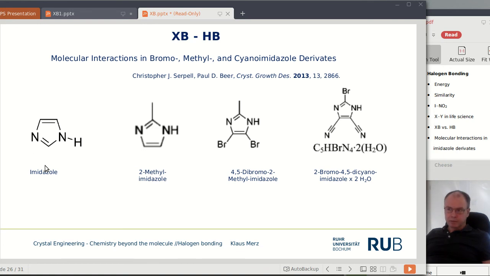This is imidazole. This is a methyl substituted imidazole. This is a methyl plus 2 bromine substituted imidazole. And here is a bromine and 2 cyano groups. And additionally, this is a hydrated form.